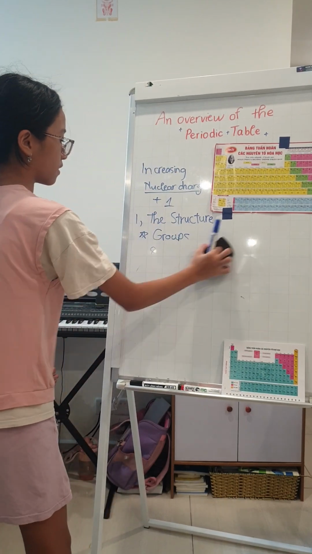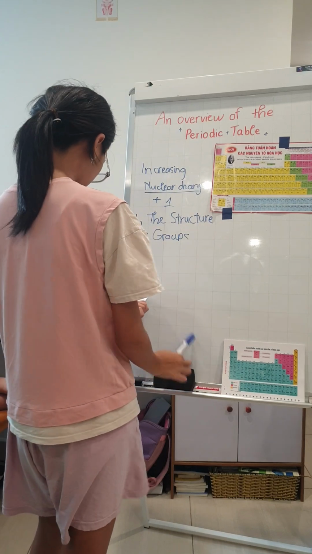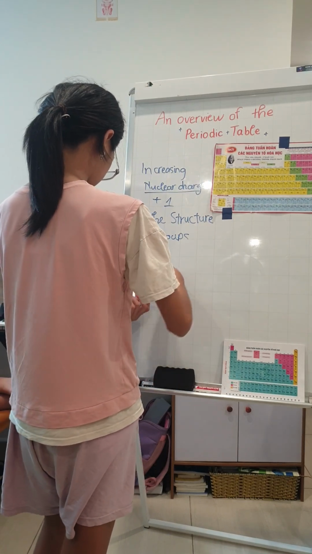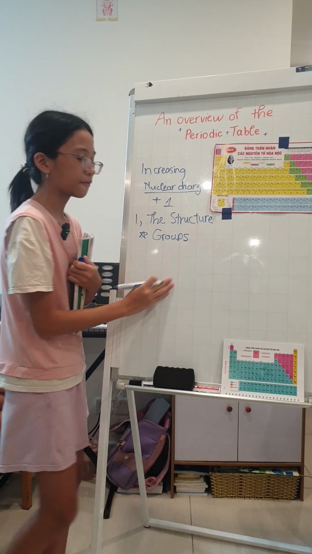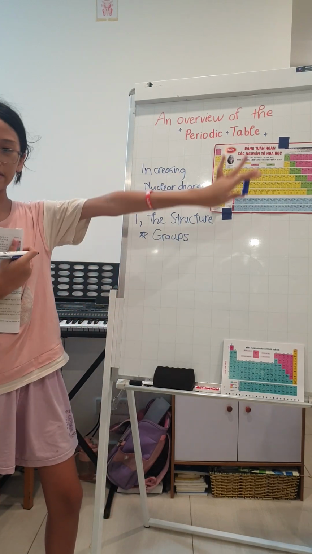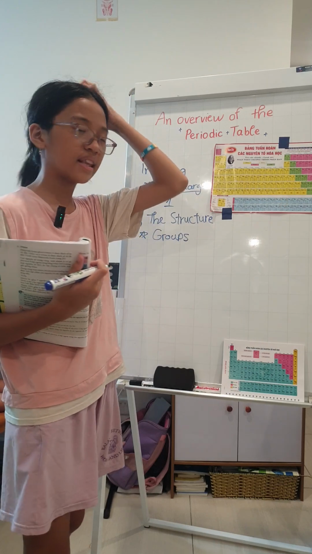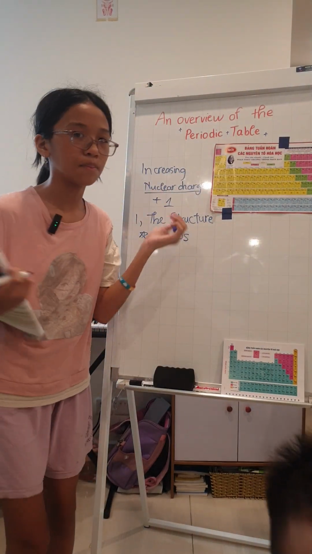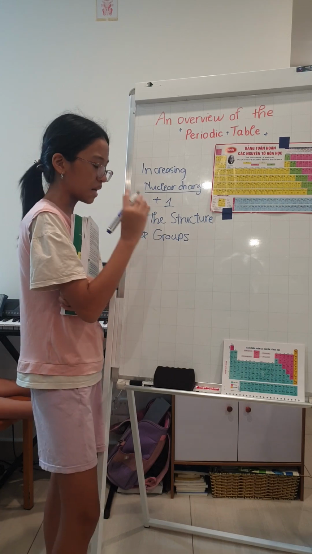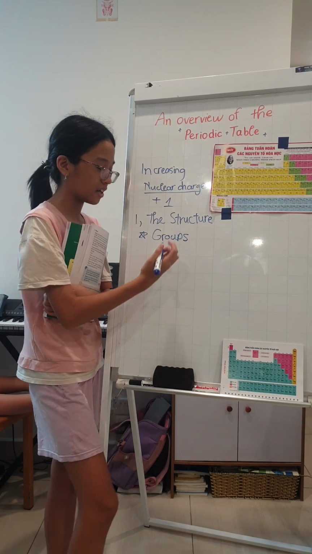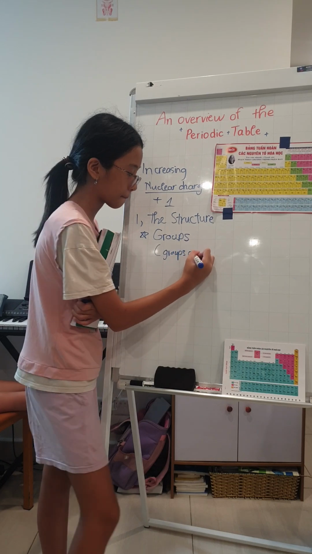And you see the groups are 8 groups of A and 8 groups of B. I apologize, not all groups determine the number of electrons in the outermost shell. It only works for groups of A.